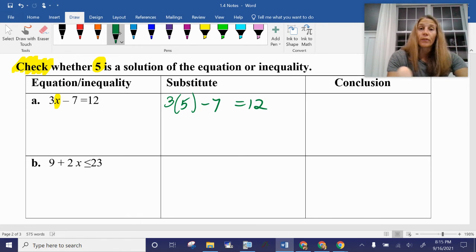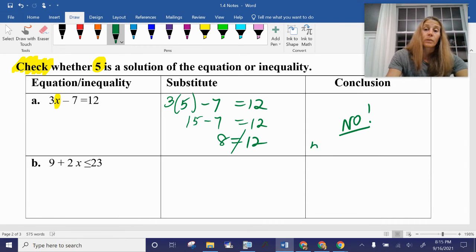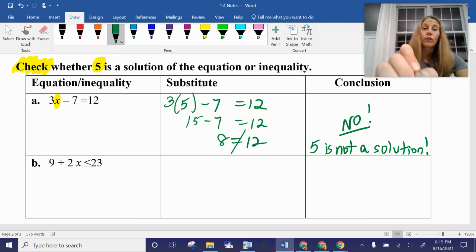We simplify the left side, and we want it to equal 12. 3 times 5 is 15. 15 minus 7 is 8. Clearly, 8 does not equal 12. So no, 5 is not a solution.